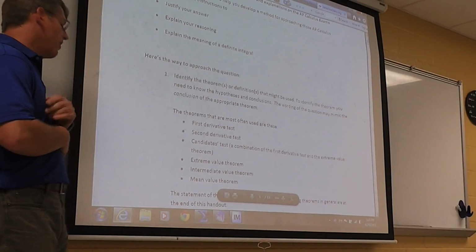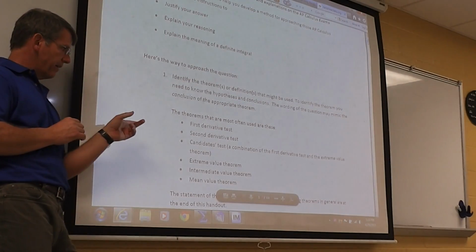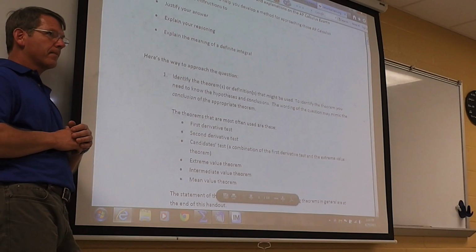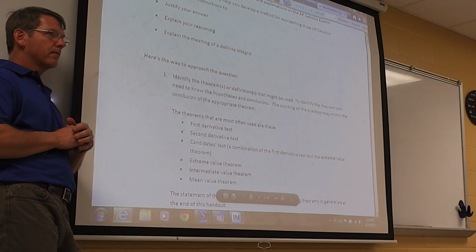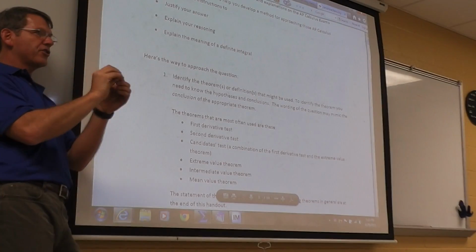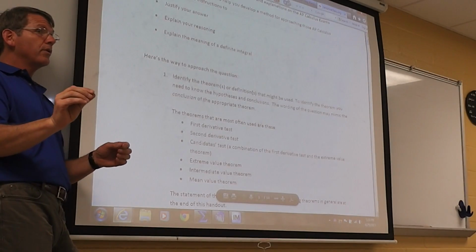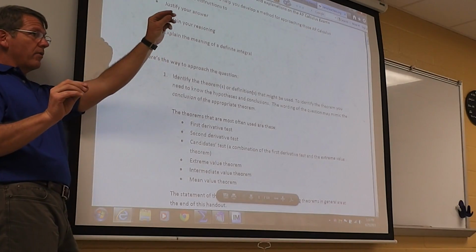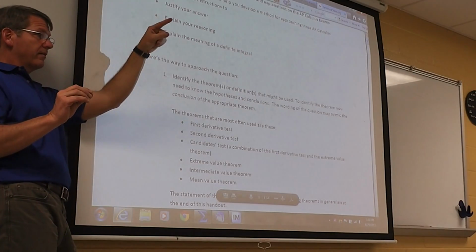Now, what do you have to know for sure about the function to be able to use that guy? Go ahead, JT. That is continuous. Right, that is continuous. That is going to be continuous because you got to show that from the left endpoint, let's say it was a y-coordinate of 2, to the right endpoint that was a y-coordinate of 7, then you know you're continuous everywhere in between.